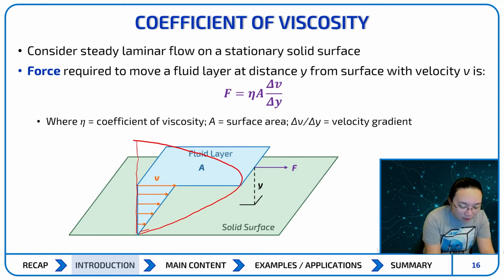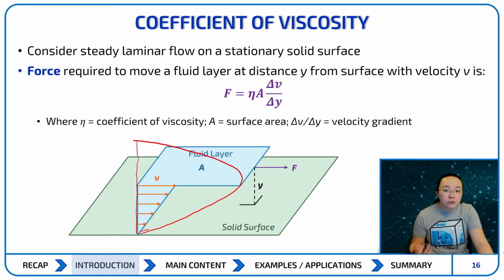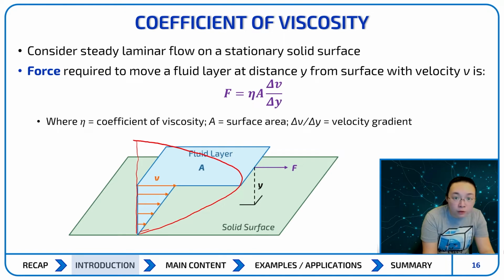For every line, there is a fluid layer with a surface area of A. And there's going to be a force that's required to move a fluid layer a distance y away from the surface with a velocity of v. Depending on which fluid layer you're looking at, let's take this blue fluid layer over here.